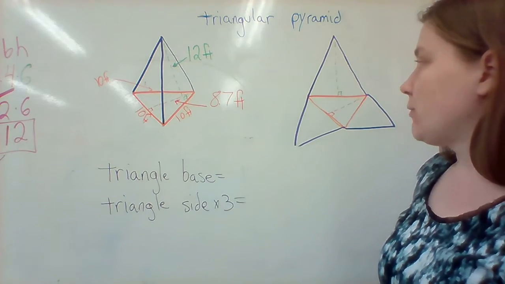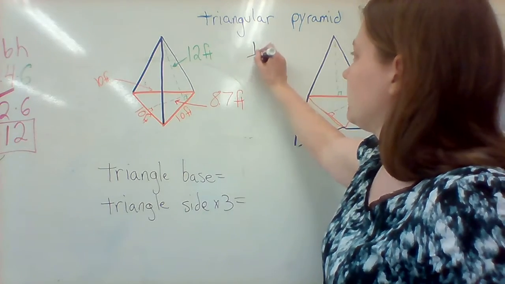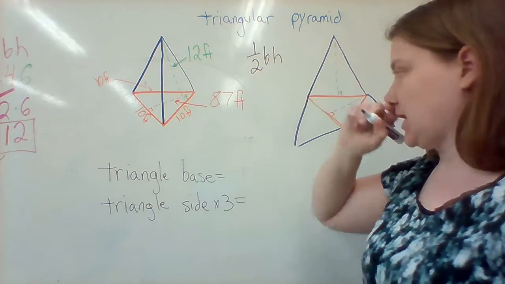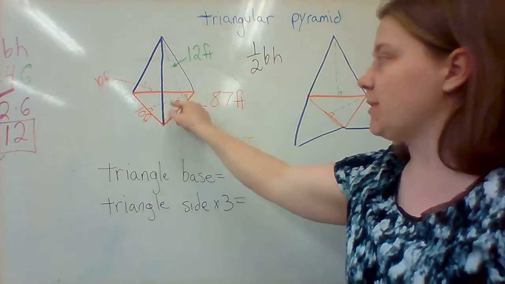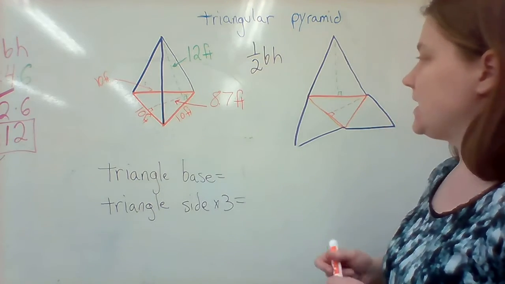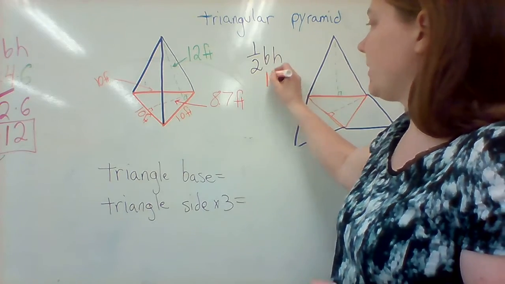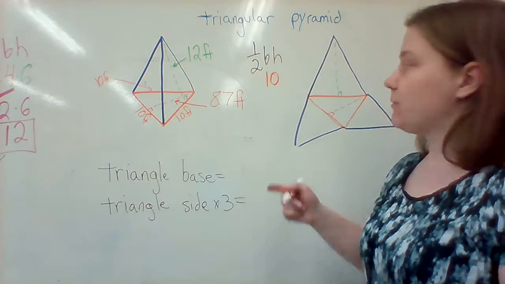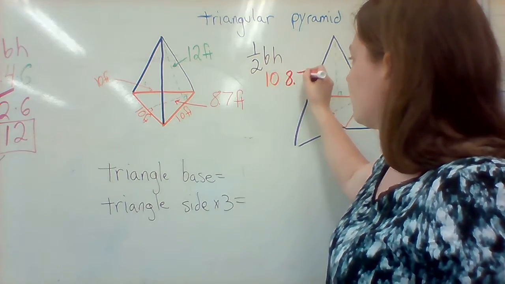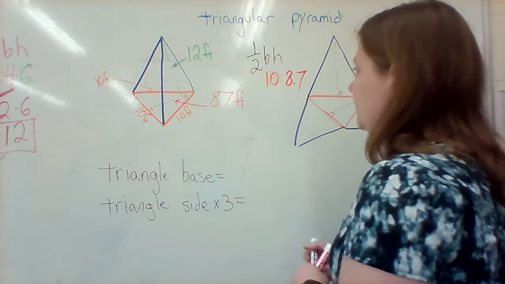We're going to use the formula for the area of a triangle, which is half the base times height. When we plug in the base and height of the bottom triangle, the base is going to be 10, and the height of that triangle is going to be 8.7. Now plug in everything else.